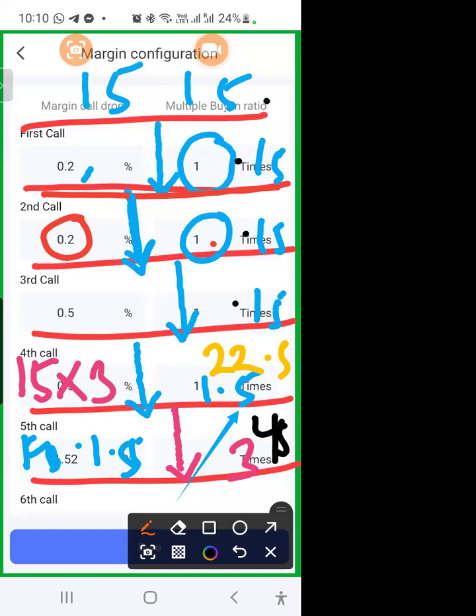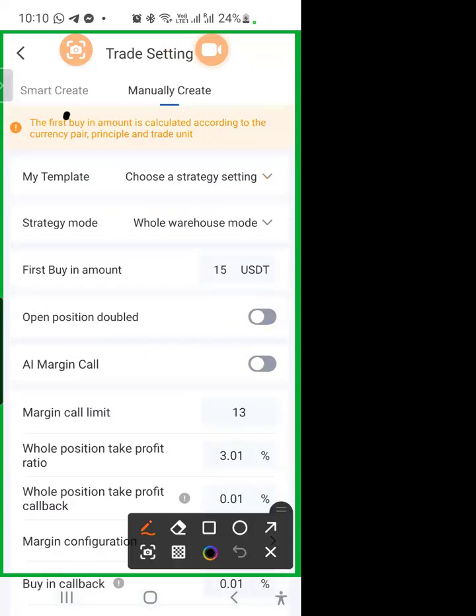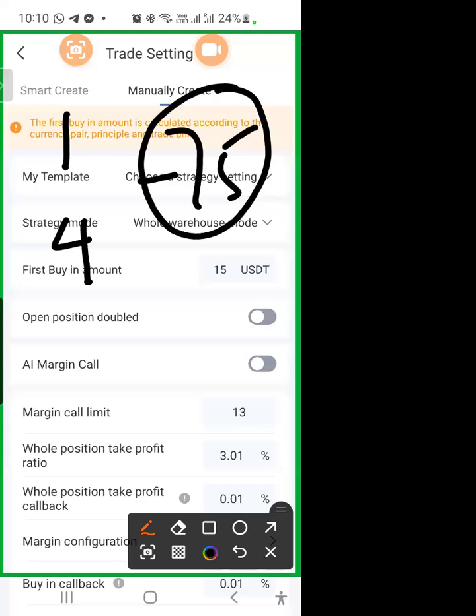Mark here, out of 50 call, there is 45 because I'm deleting this. From first call to fourth, the robot exposed 15 plus 15 plus 15 plus 15, that is 60, plus the first 15, that is 75. This 75 will be sold at the percentage you put here.